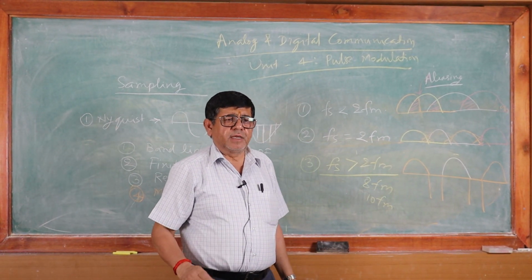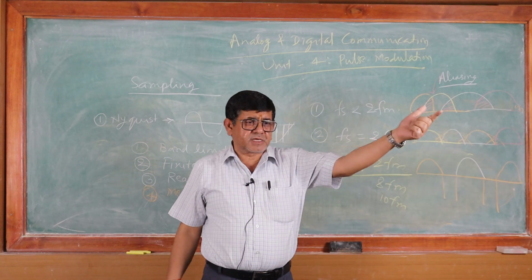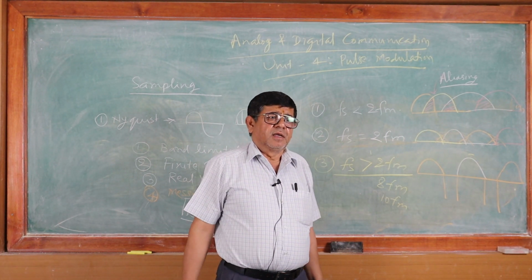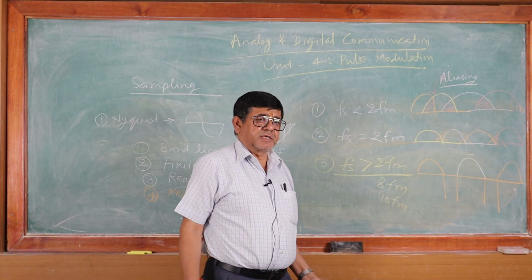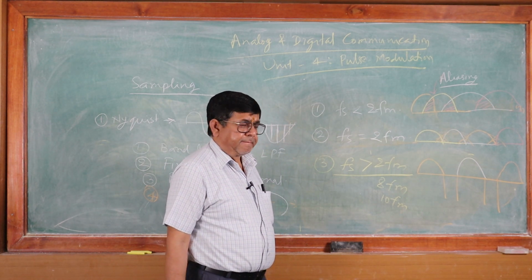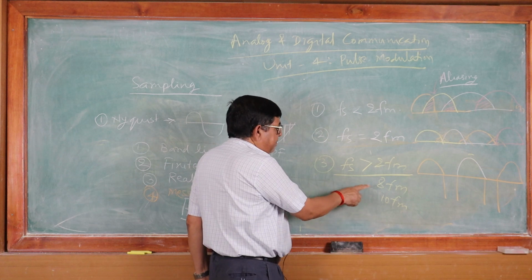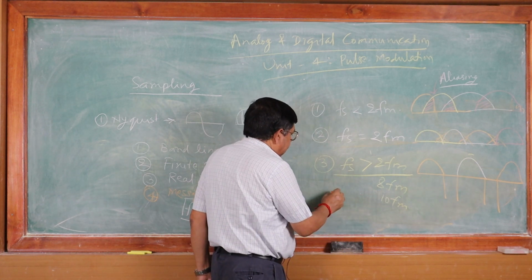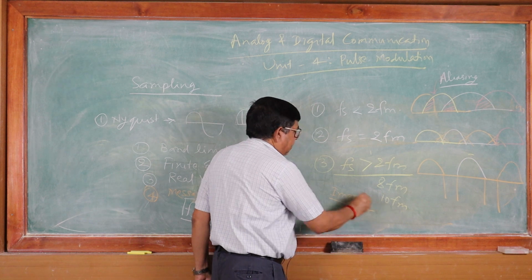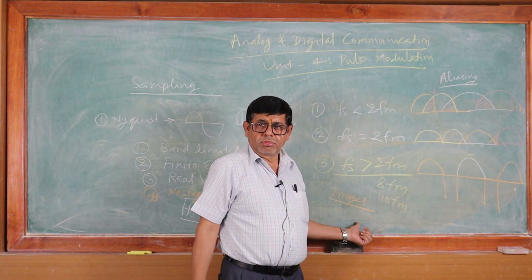If you do sampling at a much higher rate, as I discussed in the previous class, there will be a problem. What is that problem? Yesterday we discussed image formation. So if the sampling rate is very, very high, then we will have images in the receiver.